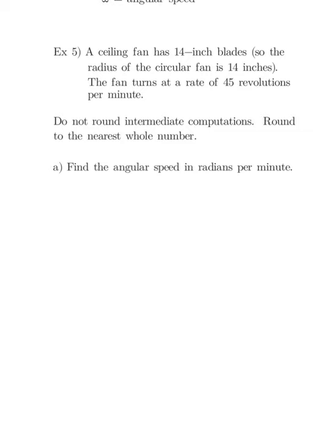Question A says find the angular speed in radians per minute. The only formula that we have for angular speed is the one that says omega equals theta over time. We almost have this information given to us. Our theta is partly there because they tell us about revolutions.